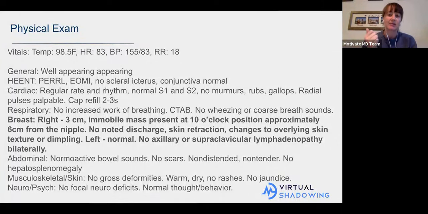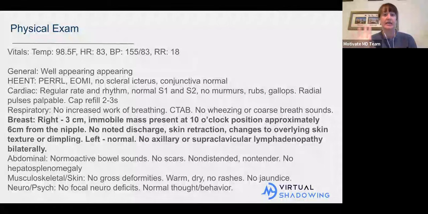It's also at the 10 o'clock position, about 6 centimeters from the nipple. So it's in the upper outer quadrant, which is more concerning for a cancer than other reasons that women would have lumps and bumps, essentially.